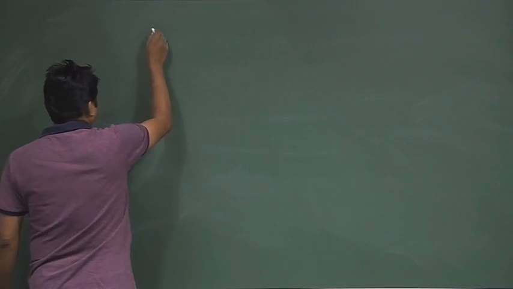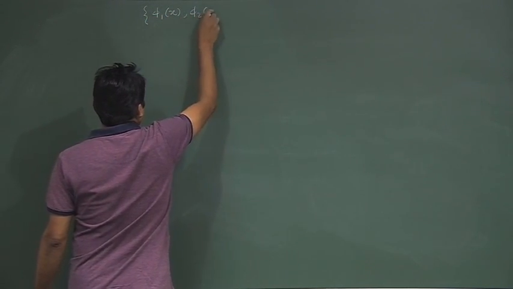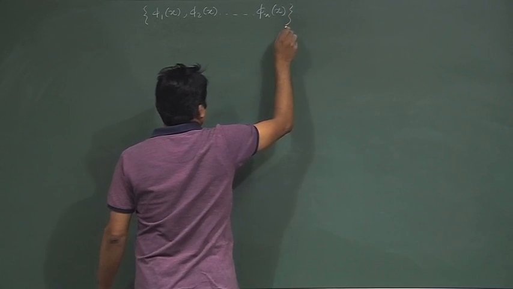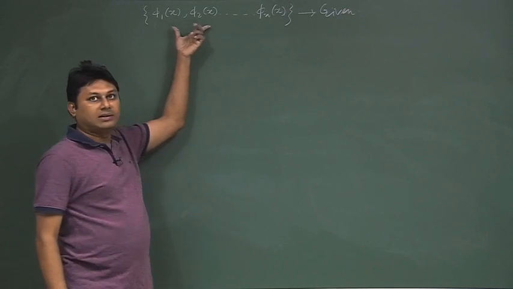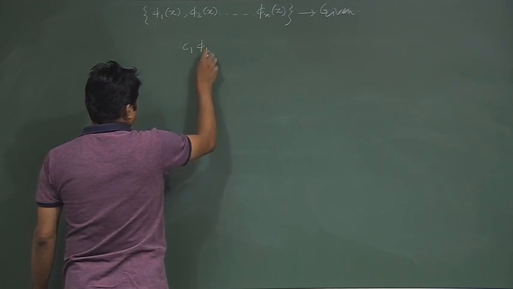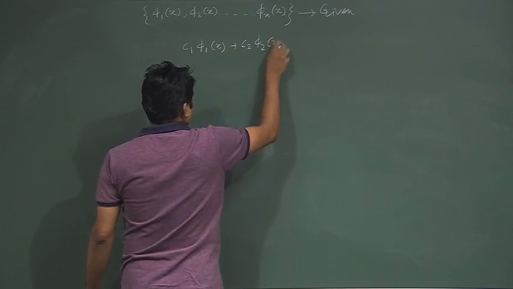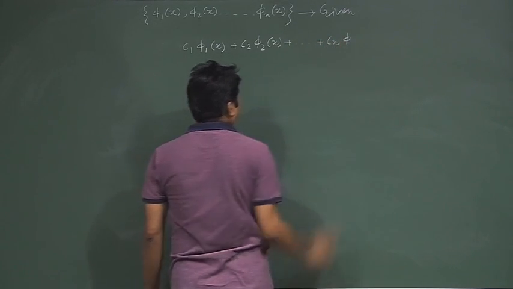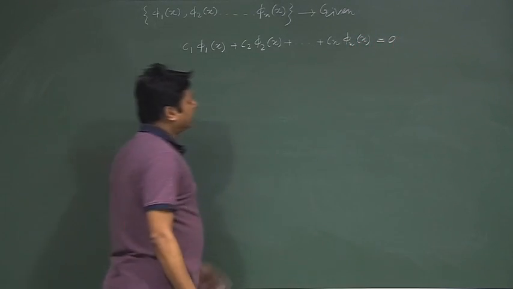Okay. So, let us take phi 1 x, phi 2 x given. I need to find out whether these are a linearly independent set of functions or not. So, I start with this equation, C1 phi 1 x plus C2 phi 2 x equal to 0, this is my equation 1.